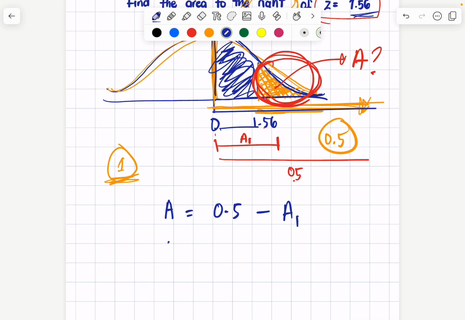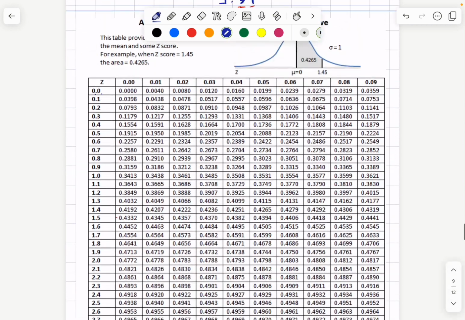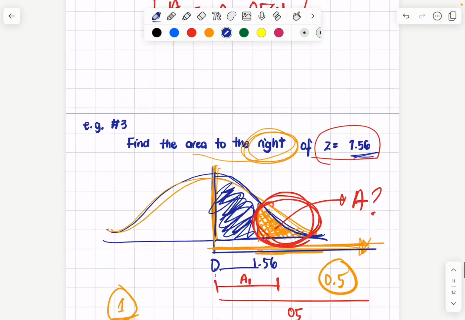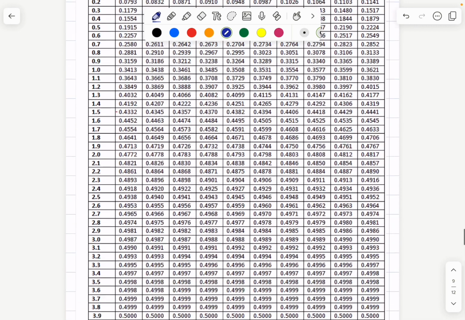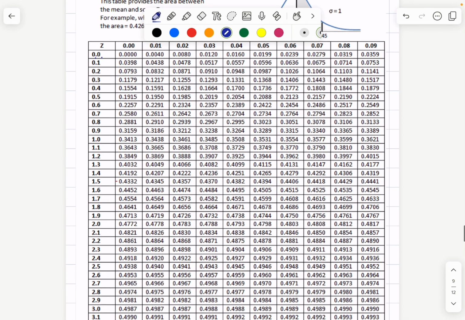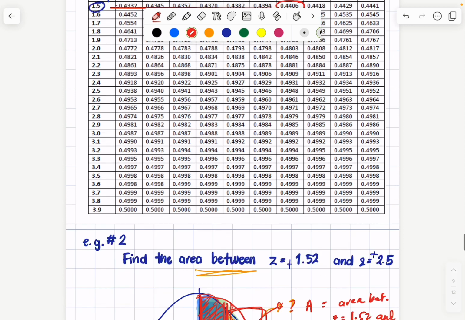So, pangitaon na dayon nimo ang area ani ni A1. So, you will go back to the table. So, ganito, 1.56. So, paubos ka diri, you have 1.5. And then, itunong dayon nimo dinhi sa 0.06. So, naakay 0.4406.